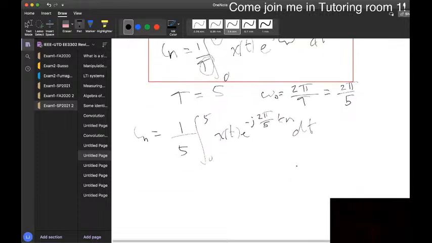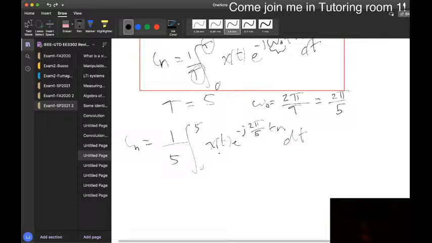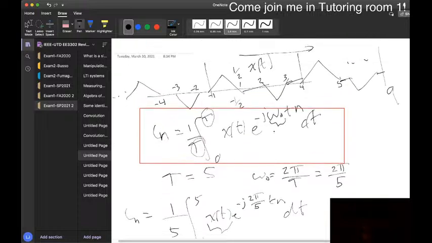Since the signal that we're given has different piecewise behavior within different regions, like from 0 to 1 it's this 1/2, let's write out what exactly it does within one period. That'll help us figure out what to put in place of x of t in our integral.